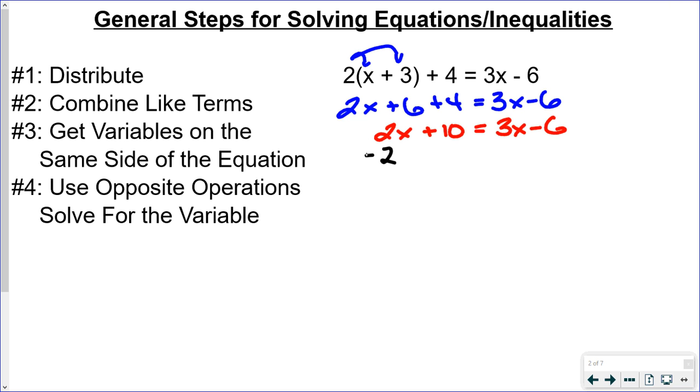So I'm going to subtract 2x from both sides. So those cancel out, and I'm left with 10 equals x minus 6. And then at this point, you should have just a 1 or 2-step equation. From this point on, you just use opposite operations to solve for the variable. This is just 1 step left, so I just add 6 to both sides.